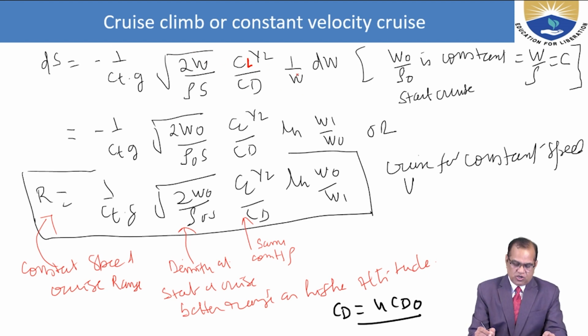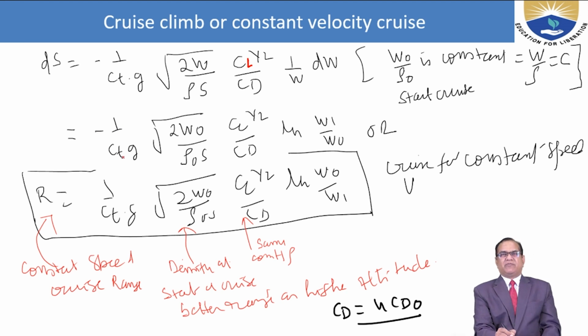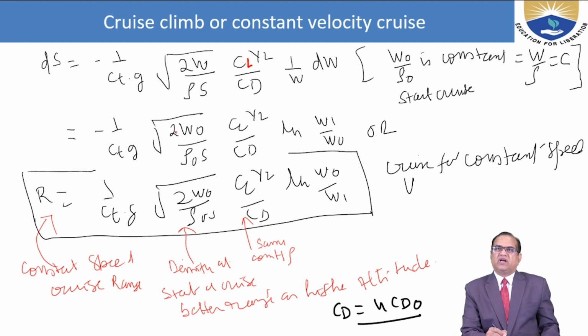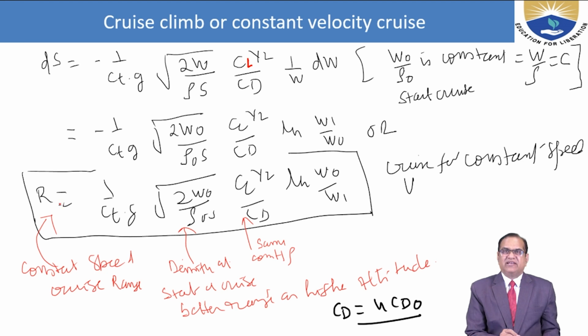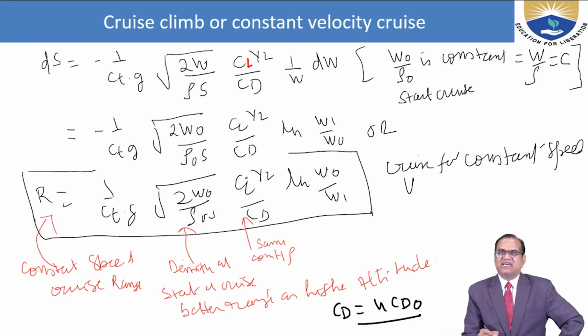So here w itself is not a constant, we cannot treat it that way. That is the difference. So here we will see minus 1 by CT into g, 2 w naught by rho naught s, CL to the power 1 by 2 by CD, ln w1 by w naught, or we can write that this range is equal to 1 by CT into g, 2 w naught by rho s, CL to the power 1 by 2 by CD, ln w naught by w1.